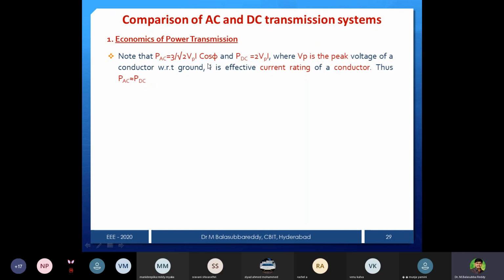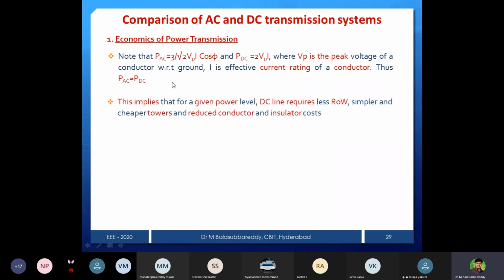Let the same power be transmitted, so PAC is approximately equal to PDC. This implies, for a given power level, what is the observation? The AC line requires more right of way, because three conductors are required, and towers and many other things are essential there.